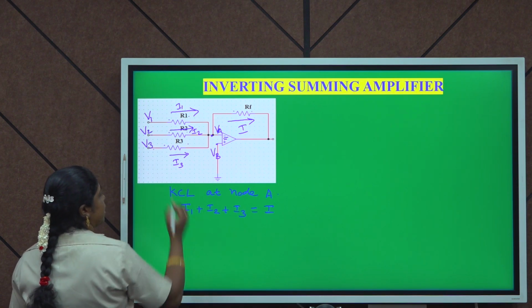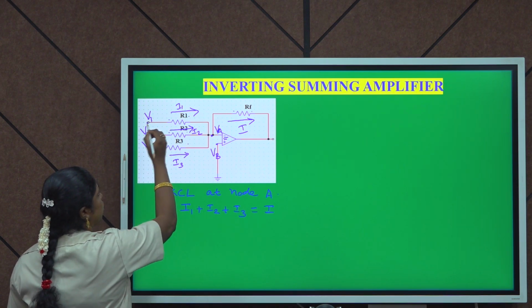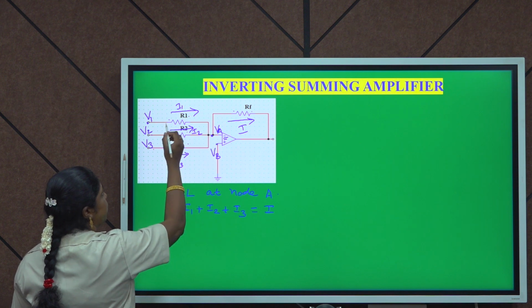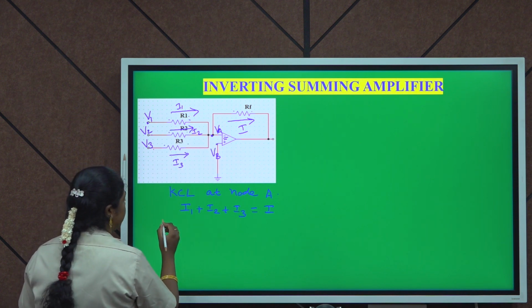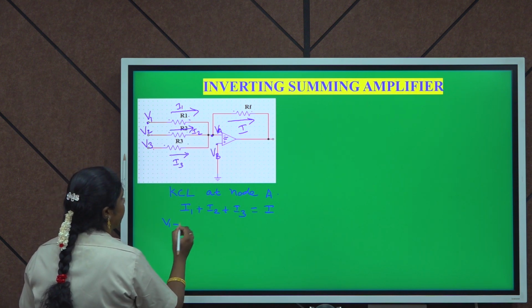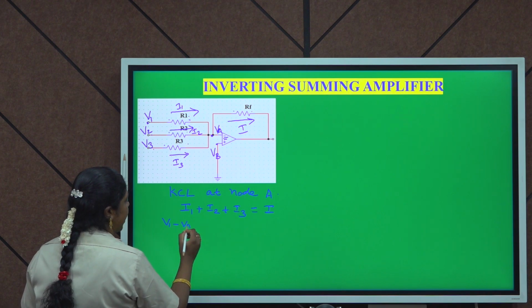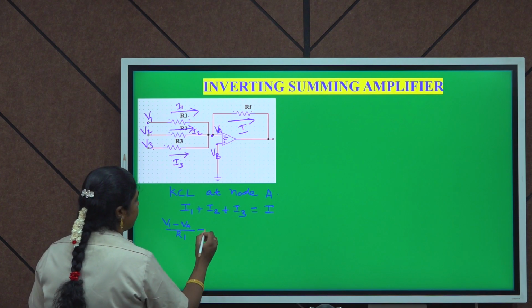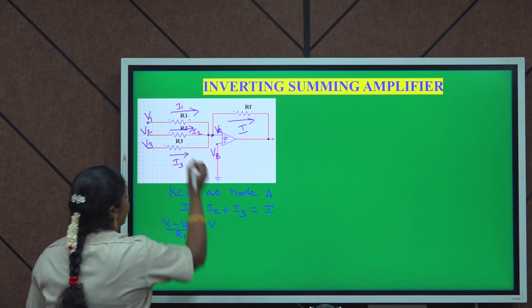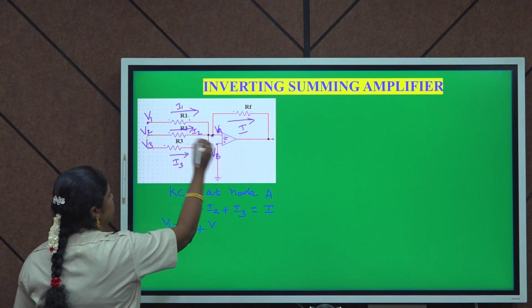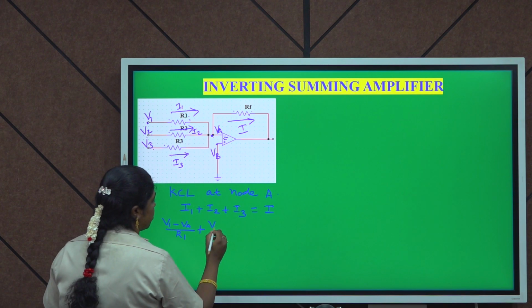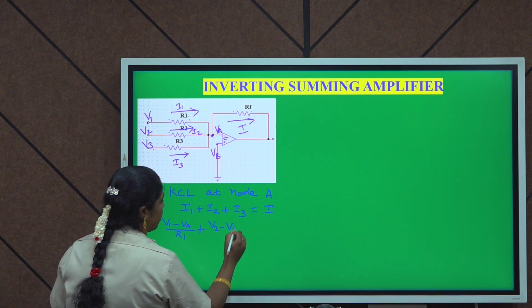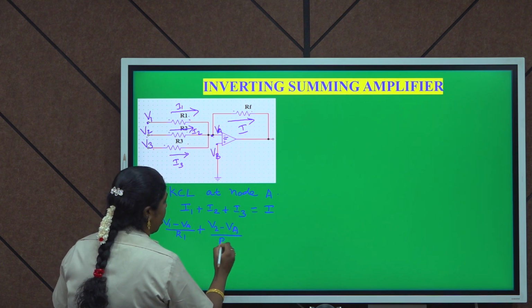So we can write the current I1 is equal to (V1 minus VA) divided by R1, plus for current I2, (V2 minus VA) divided by R2.